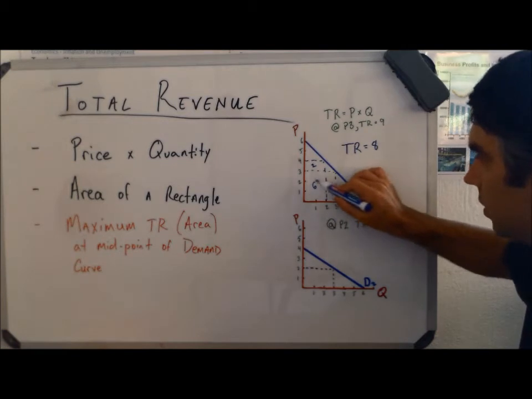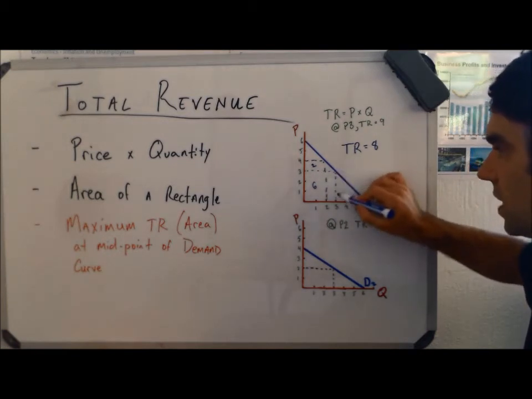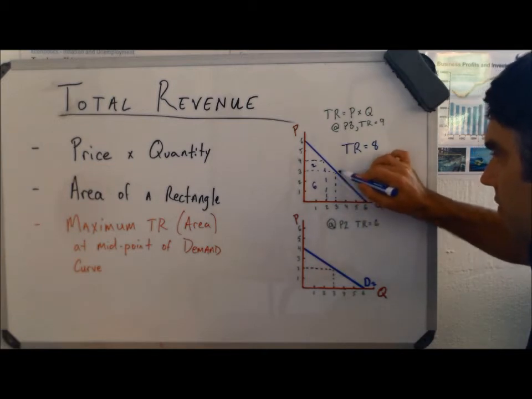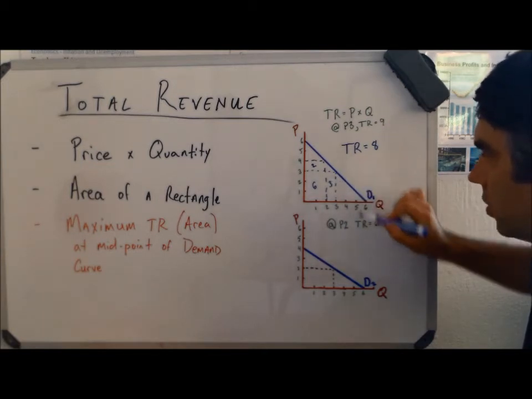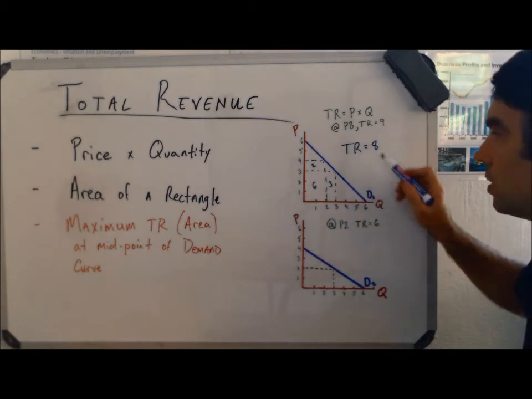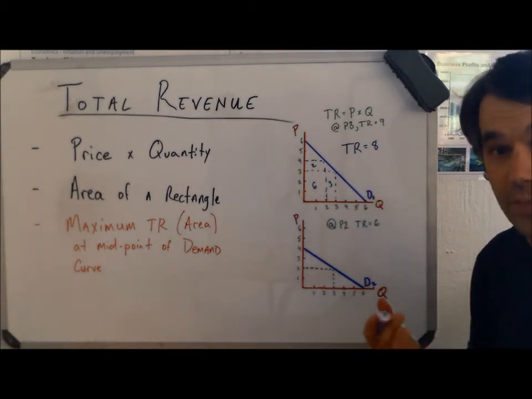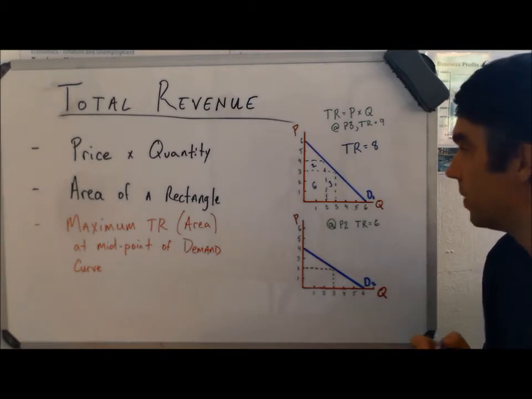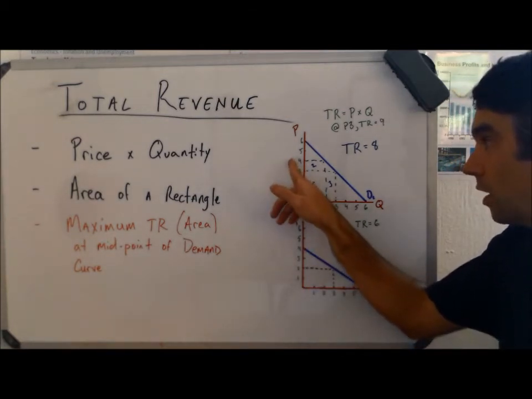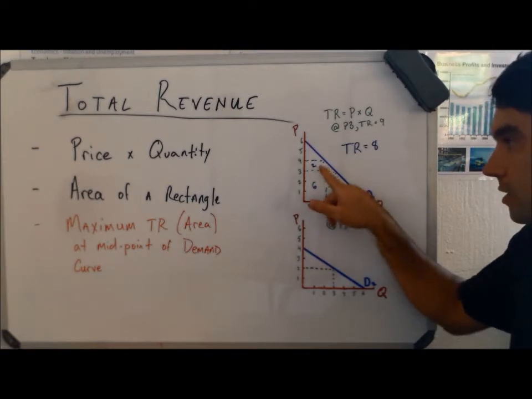This other rectangle that we get if I do set the price at 3, not 4, has a base of 1 and a height of 3. So it's worth 3. And that's 6 plus 3, that's our 9. So again, this makes it real easy to have an opportunity cost discussion, because I can say the opportunity cost of me setting my price at 4 is I give up 3 to get 2.